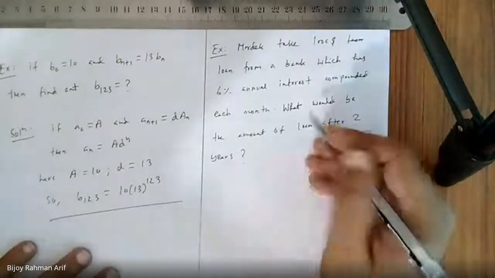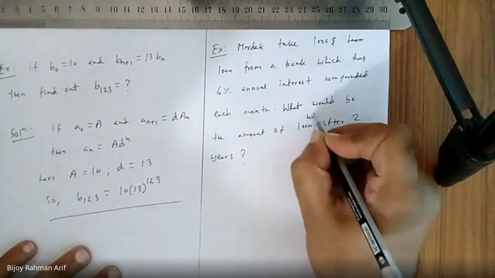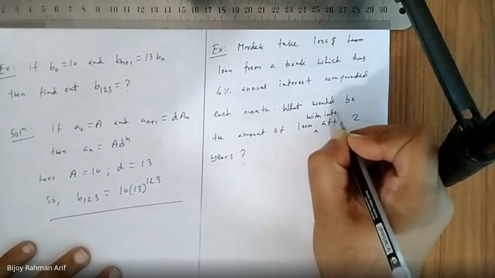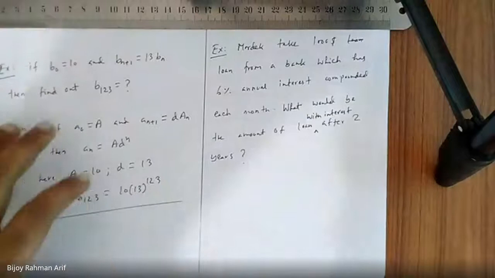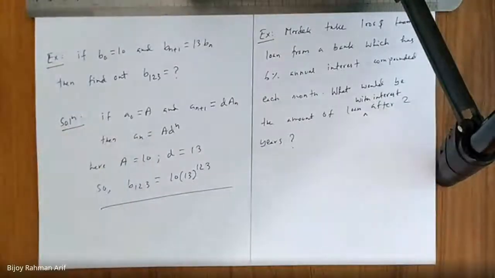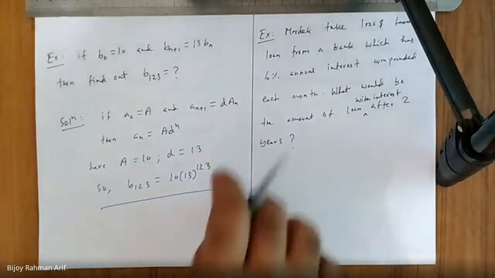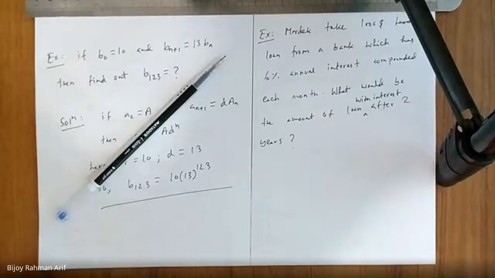Please, do you have any idea? Again, it is a problem of recurrence. Sir, if 6% is yearly and compounding is each month, then we have to find the per month rate, right? Per month. Good. Yes, of course.